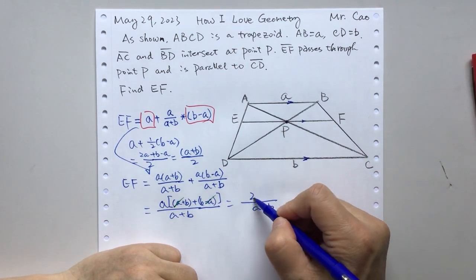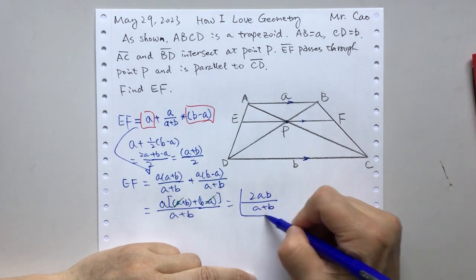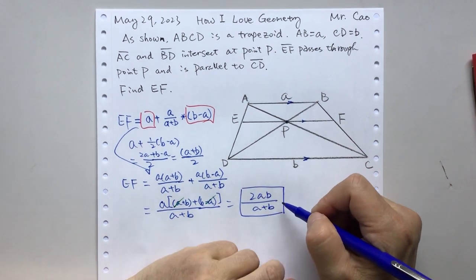We find it to be 2AB over A plus B, right? We can get the answer in this form.